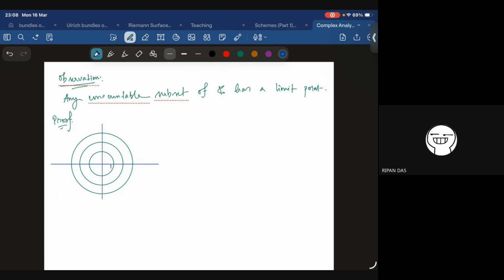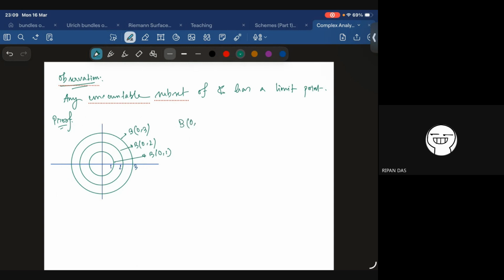So this is 1, 2, 3. So you see the outer ball. This is B03. This is B02. This is B01.